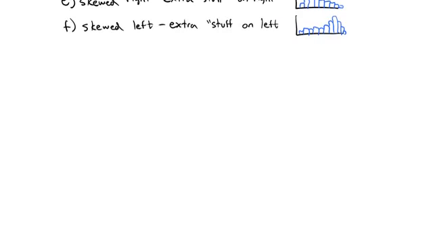A second thing we can do, though, to describe our data visually is to draw what's called a box plot. And a box plot shows the spread of data with what is called the 5-number summary.